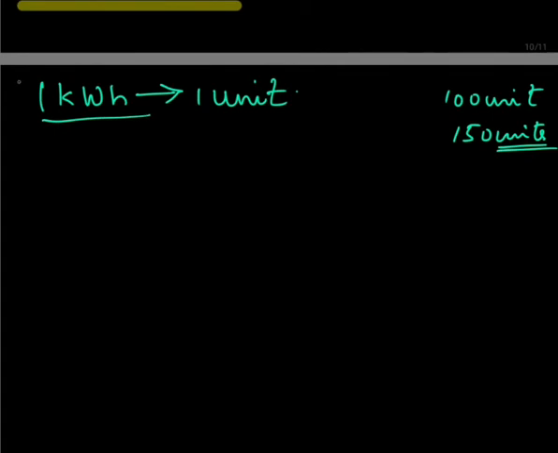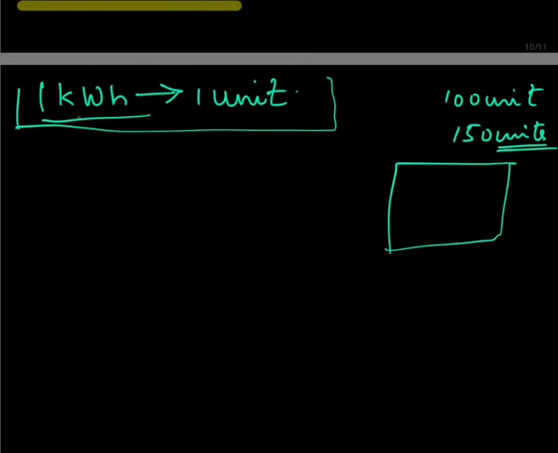So 1 kilowatt hour is known as 1 unit. In the electricity bill, they don't write kilowatt hour, they simply write it as unit. So it is understood that 1 unit is 1 kilowatt hour. So 100 units means 100 kilowatt hour. That much energy is consumed in 1 month. So that is about the commercial unit of electrical energy.